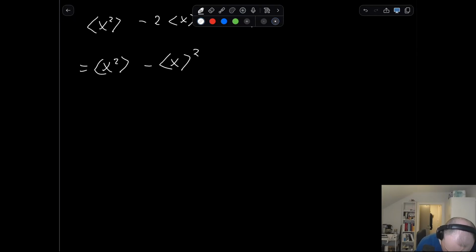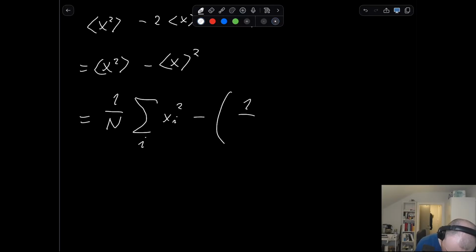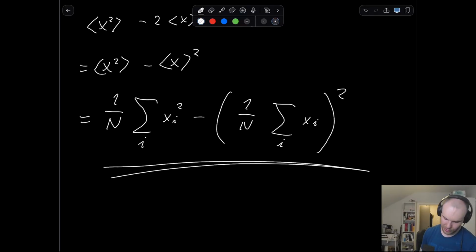And if you just replace those square brackets, like I said, they represent 1 over n, the sum over i, and then x of i, just that piece squared, minus parentheses 1 over n, the sum like that, x over i, but now we have the whole thing squared, and that's the final formula.